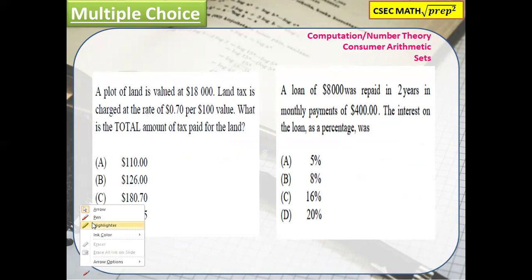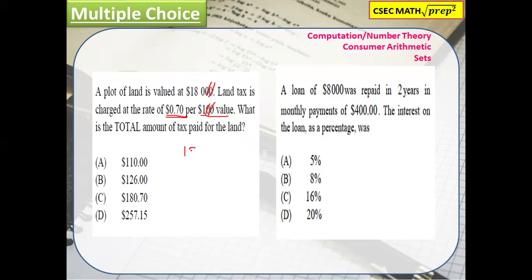There are more than one ways that we can approach this question, but how I'll approach it, since they're charging 70 cents, right? 70 cents for every $100 value. What we need to find out is how many hundreds we can get from 18,000. That happens to be 180.